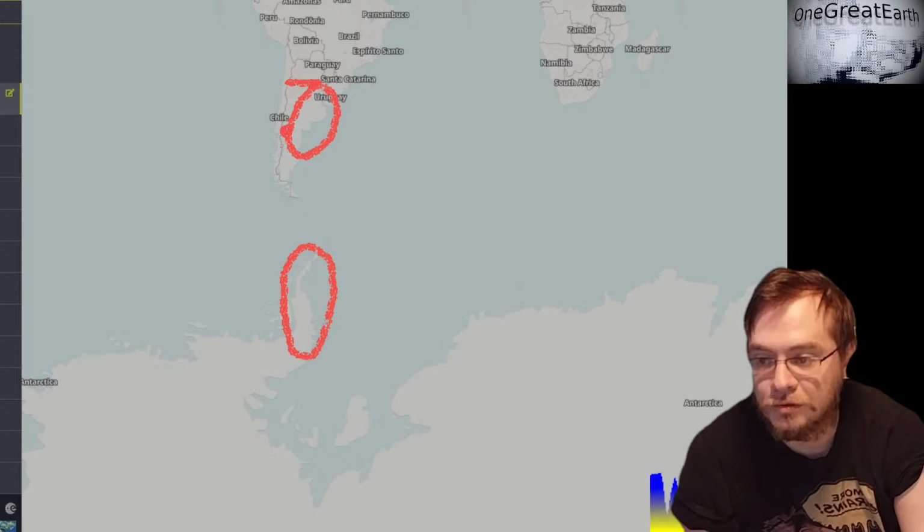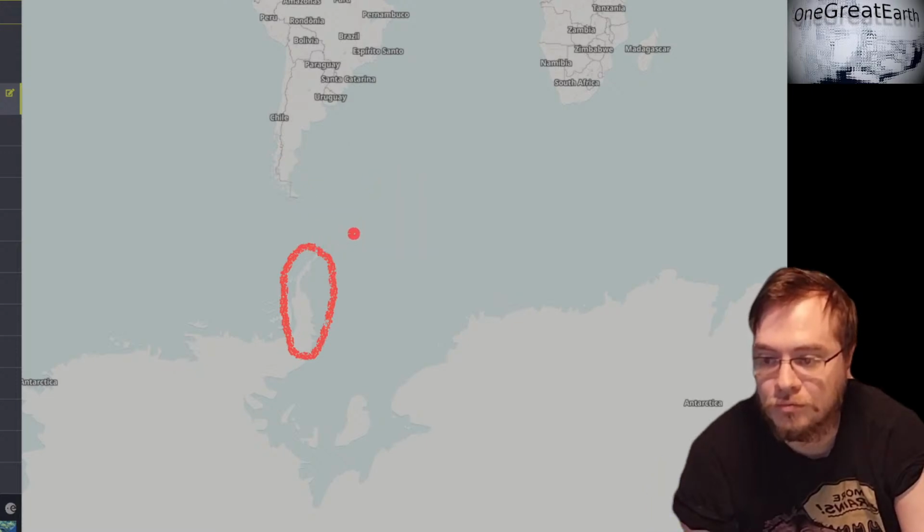Here's Argentina. Here's Chile. Here are the Falkland Islands, South Georgian Islands, South Shetland Islands, and then you have all this down here. We'll be looking at sea ice extent here.